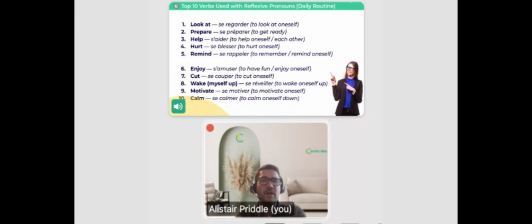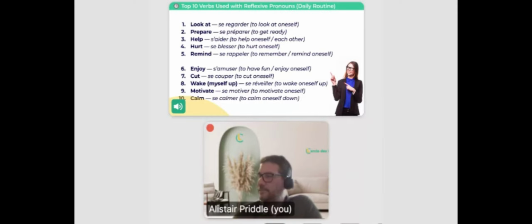So let's have a look at some daily routine verbs related to reflexive pronouns. Number 1, look at. Number 2, prepare. Number 3, help. Number 4, hurt. Number 5, remind.